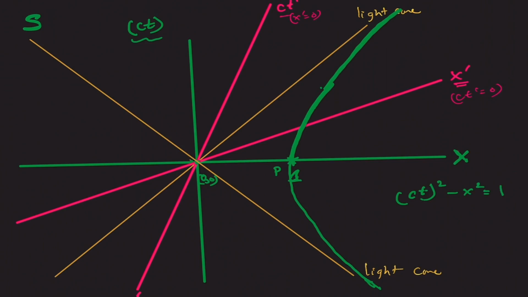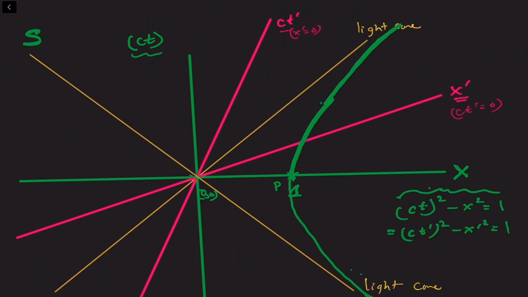But this space-time interval is the same for all inertial observers, so this is also the same as ct prime square minus x prime square. So all points on this hyperbola satisfy this equation according to observers S, and they satisfy this equation here for observers S prime.